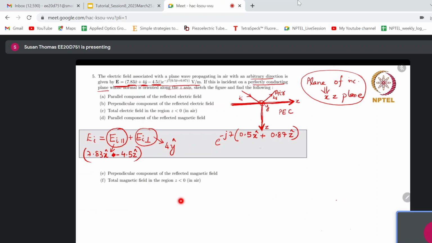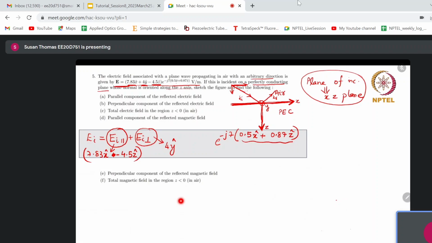If this is the wave vector associated with the incident field, what is ki? If you try to resolve ki, it will have a plus z component and a plus x component.